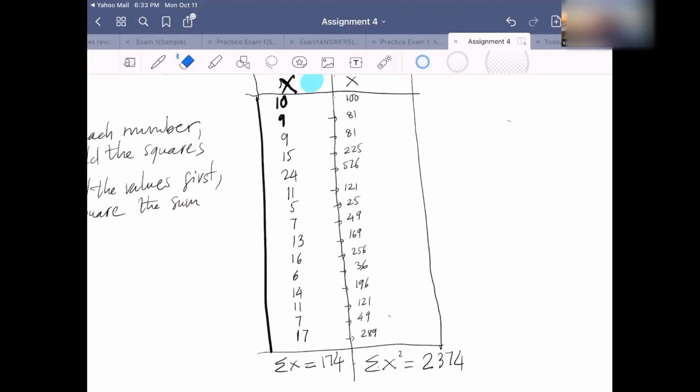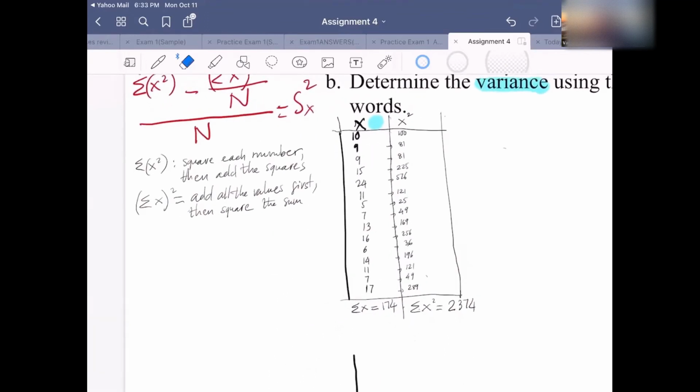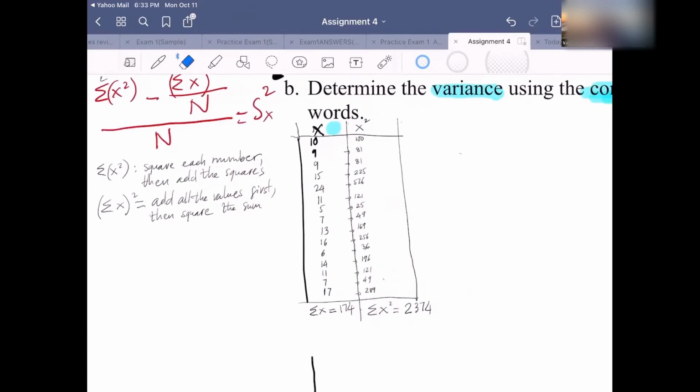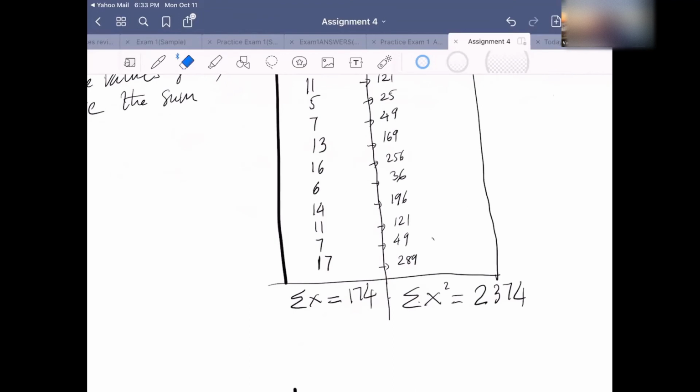All right, so now you have to find the sum of the x, and then you square it, right? So that means you have to square the 174, okay? And what is the answer, everyone? Type in the chat for me.